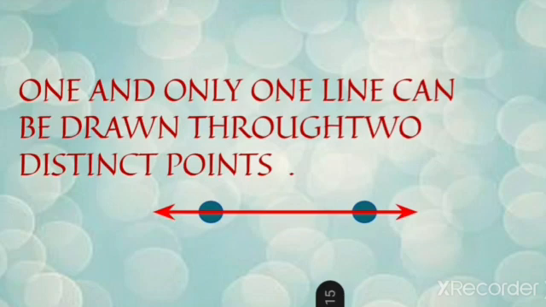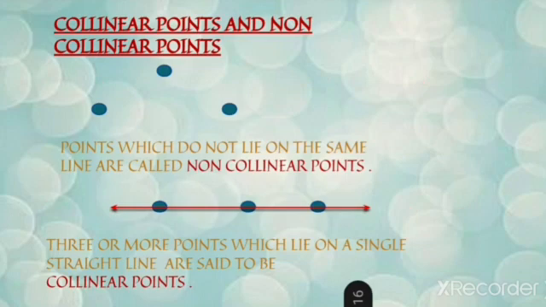Yes, there is only one line which will pass through both the points, and therefore we study that one and only one line can be drawn through two distinct points.